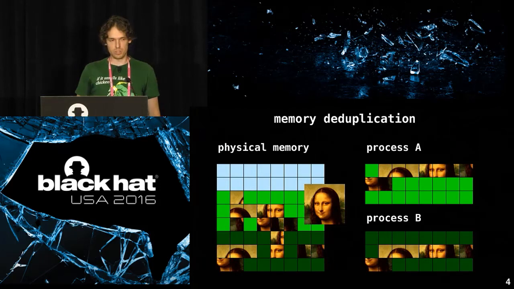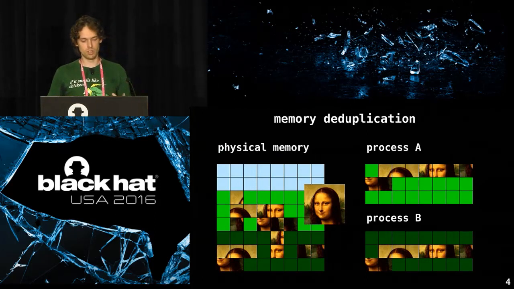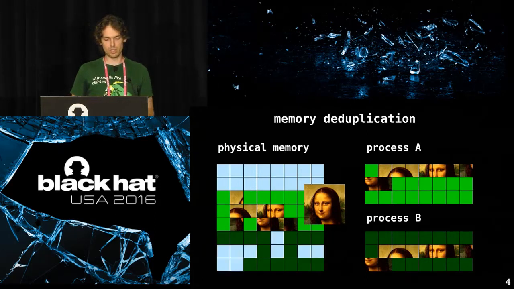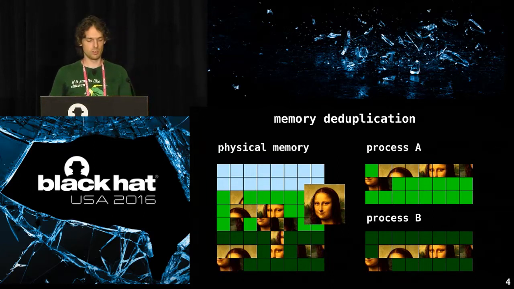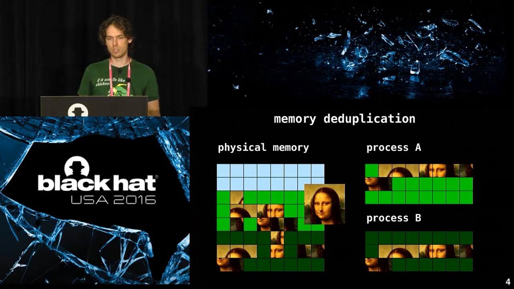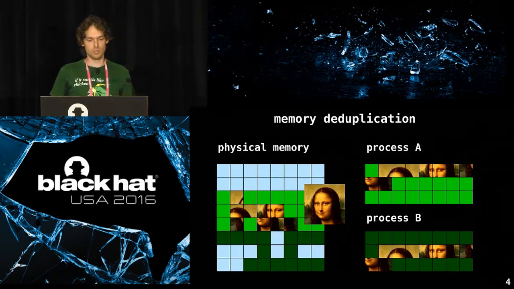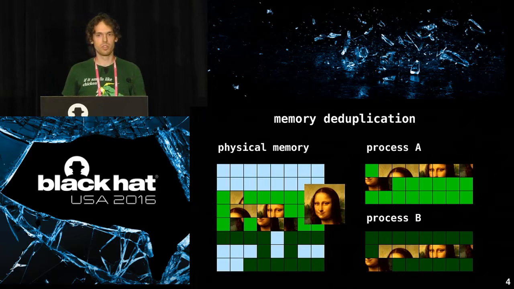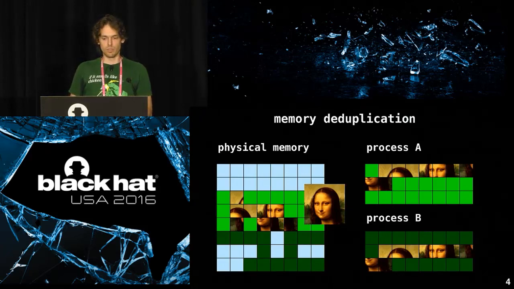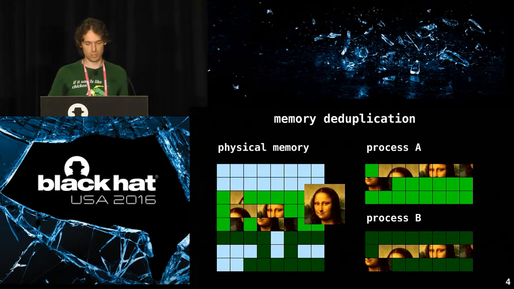The operating system or the hypervisor can do a sweep and detect that both processes have the same page contents, and it can point both virtual addresses to the same physical address, and then free up the memory that was used by the second copy.